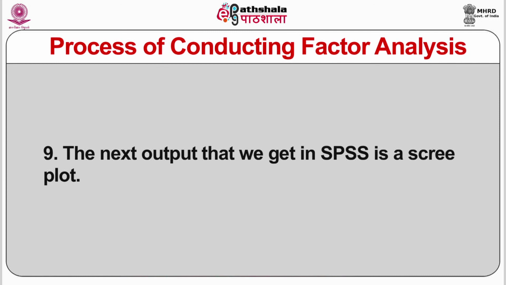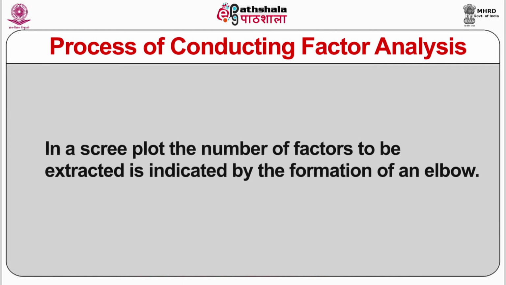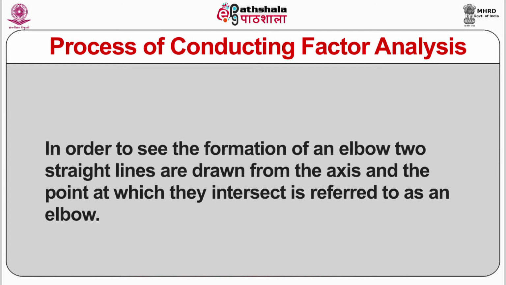Step 9. The next output that we get in SPSS is a scree plot. In a scree plot, the number of factors to be extracted is indicated by the formation of an elbow. In order to see the formation of an elbow, two straight lines are drawn from the axis and the point at which they intersect is referred to as an elbow.